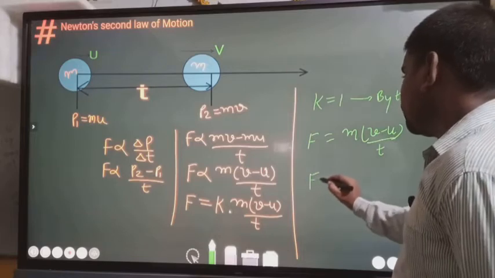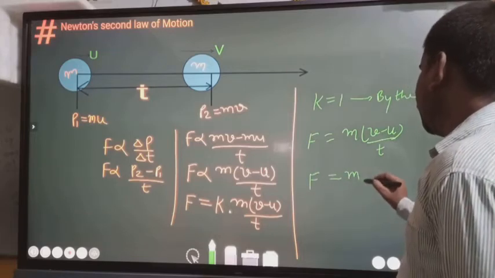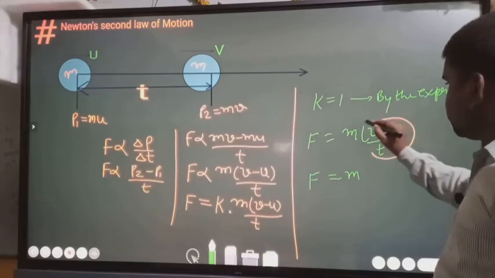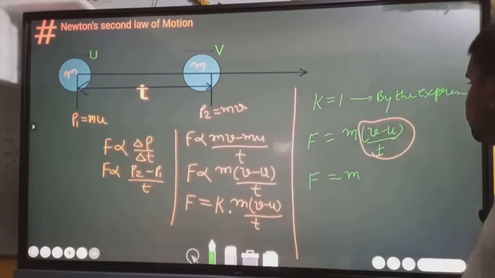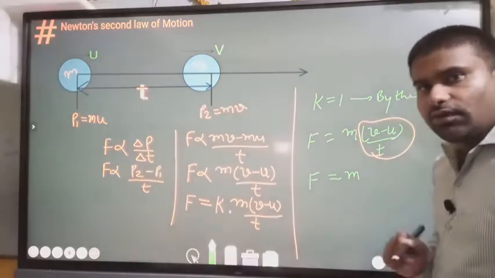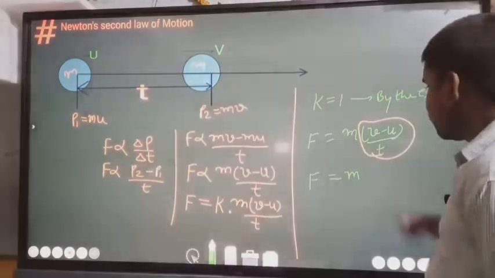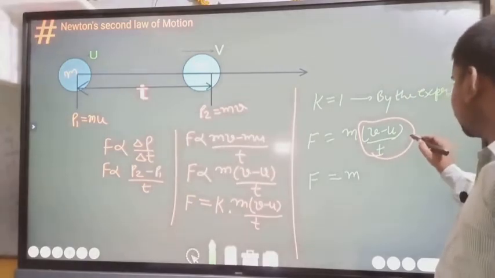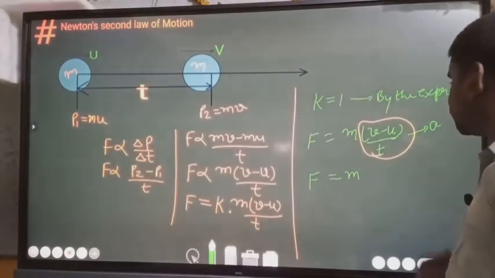So F is equal to m. Please tell me what this is. From the first equation of motion you can tell me very well: v minus u upon t is nothing but the definition of acceleration.